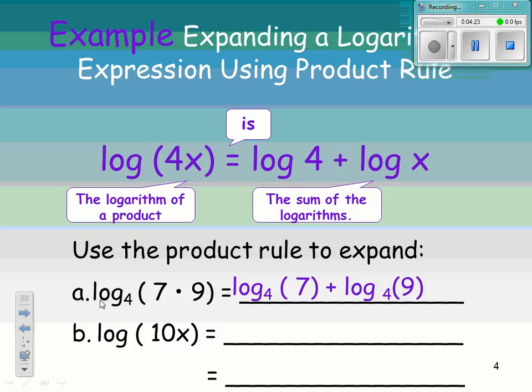And then I get log base 4 of 9. 7 and 9 have been separated. Notice once again, the bases have not changed. Log base 4 over here, still log base 4 over here. All I did was split these up and slap a plus sign in between them.